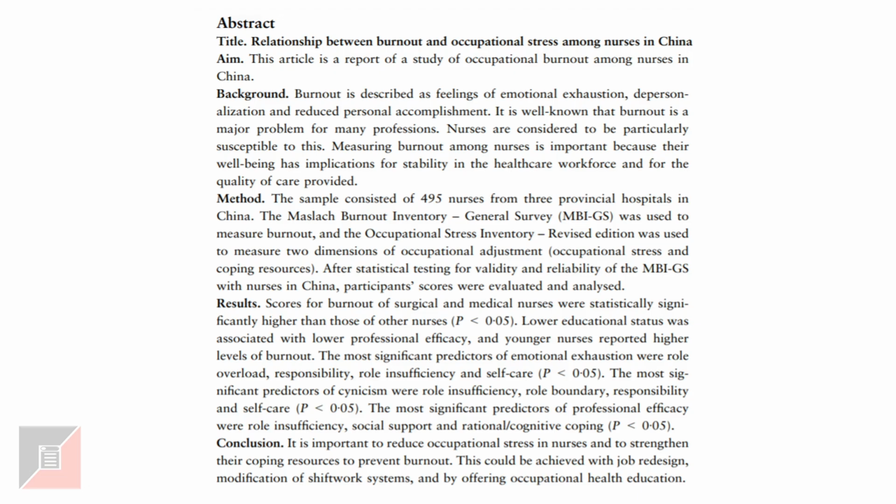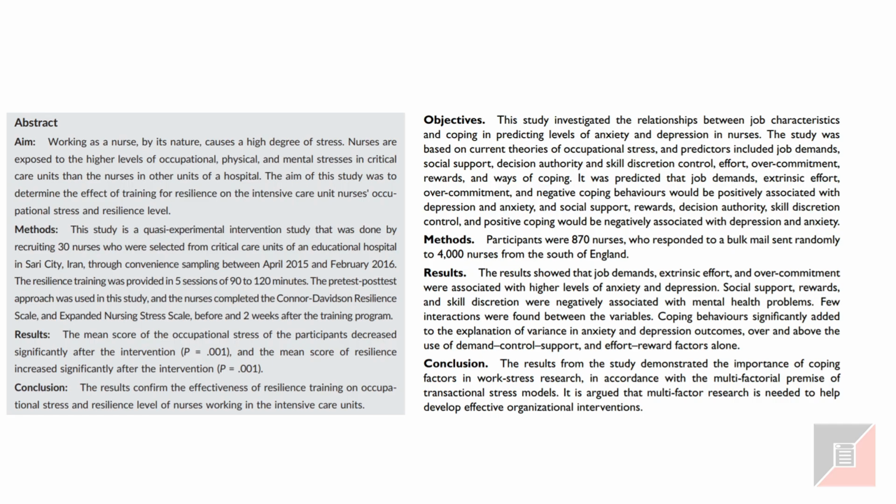Here you can see the aim, the background of your study, the methods, the results, and finally the conclusions. And this is another article: aim, methods, results and conclusions; objectives, methods, results, conclusions.